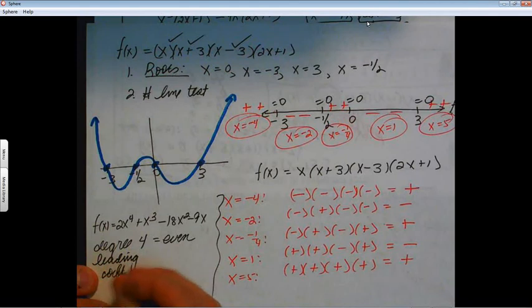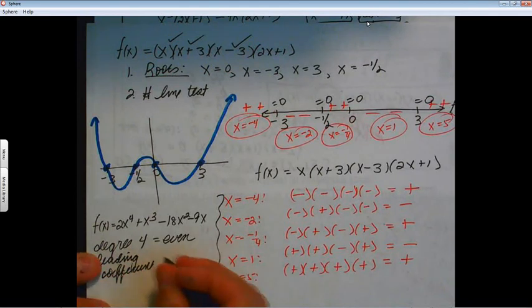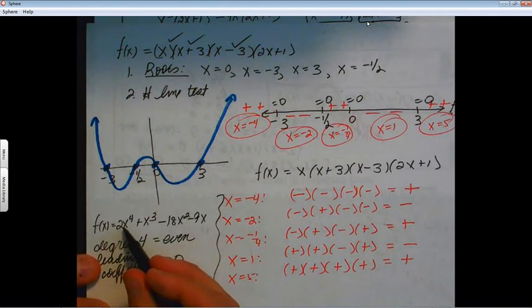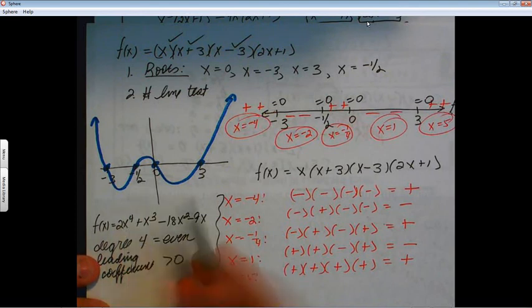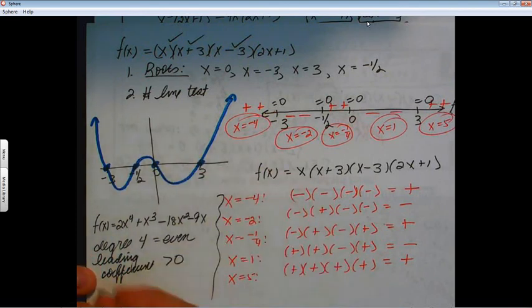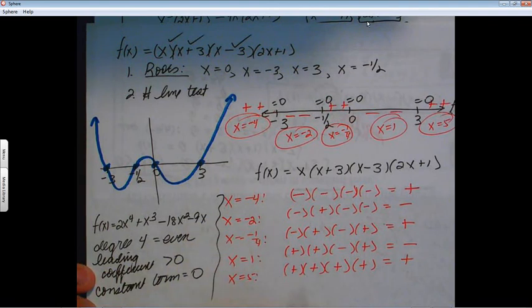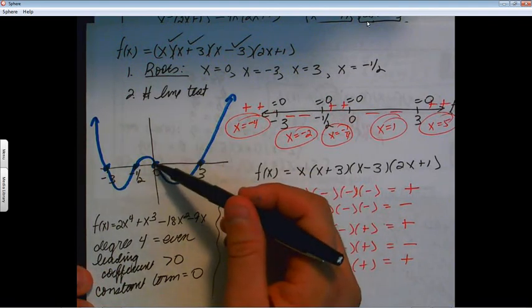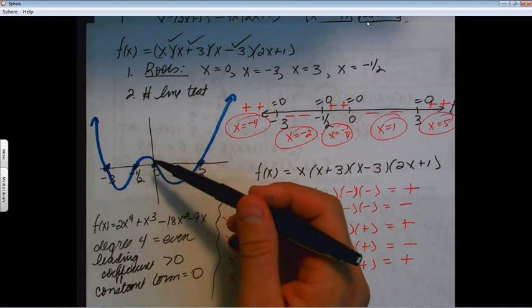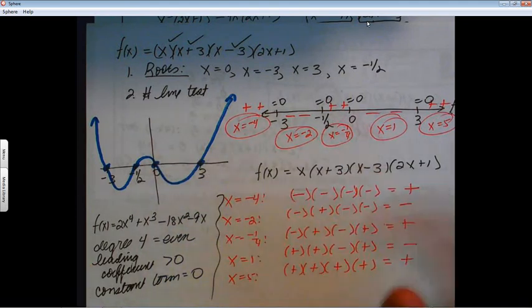If we look back to how the original polynomial function was given to us, we had f of x is 2x to the 4th plus x cubed minus 18x squared minus 9x. The degree is 4, which is even. That tells me that the tails must be doing the same thing. They're both pointing up or they're both pointing down.